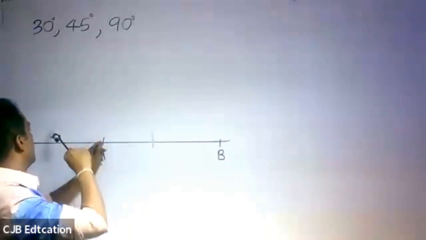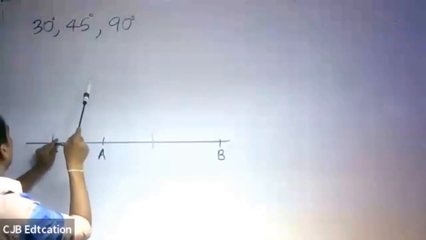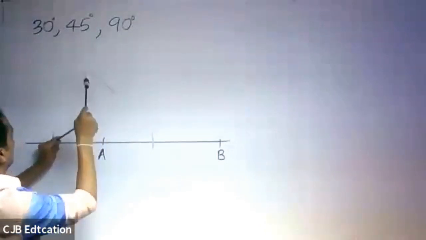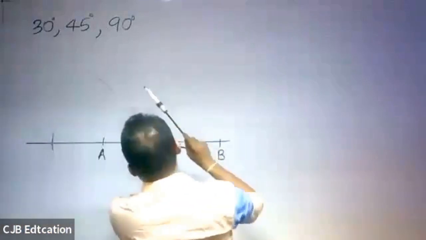We can take two arcs from A on the straight line AB, and then we can take a little bit more distance and get two arcs from that.